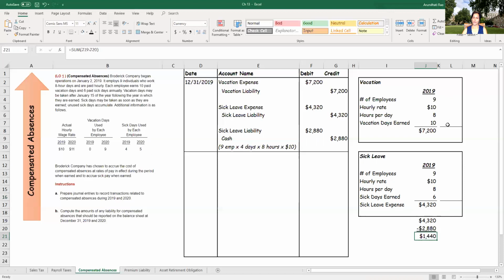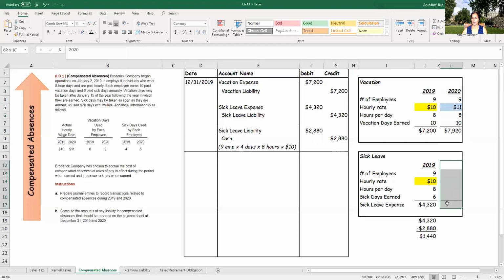Let's go through the motions of doing this now for the second year, for 2020. What's the major difference? Your hourly rate. Here it was $10 per hour, and as I mentioned earlier, it's going to be different, as in $11 per hour. So that's the major difference that we have.